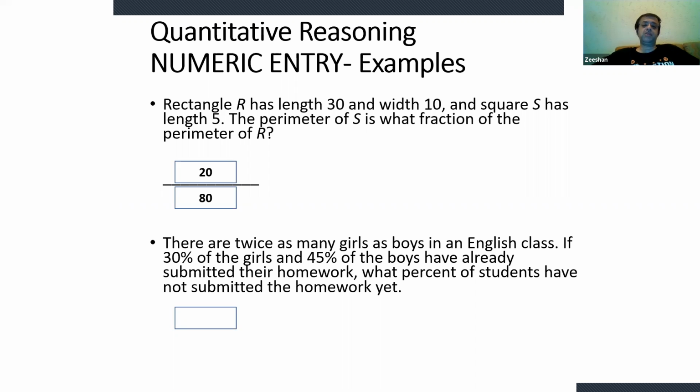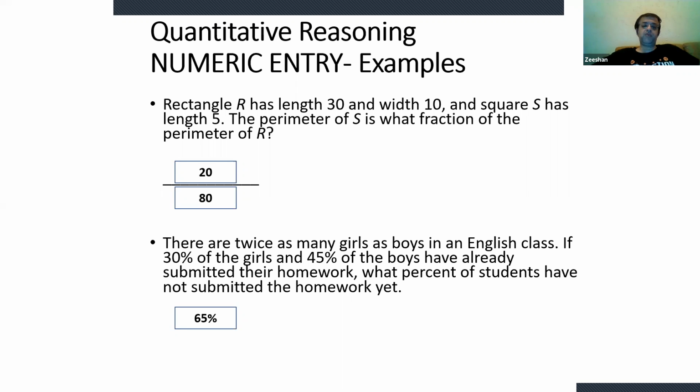The question says what percent of students did not submit the homework. So if out of 300, 105 submitted the homework, then how many did not submit the homework? It would be 195. So 195 divided by 300 multiplied by 100 should give you the answer. And the answer is going to be 65%. So this is how you will be doing that.